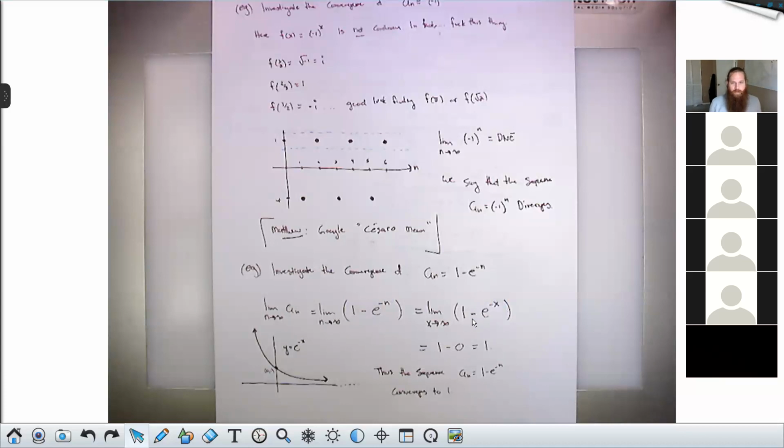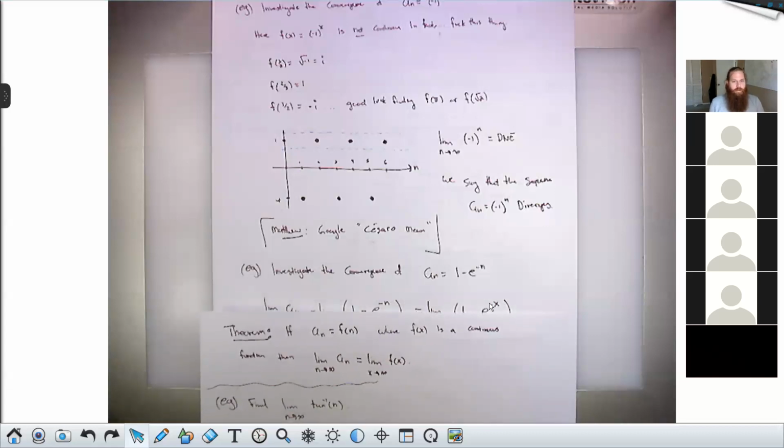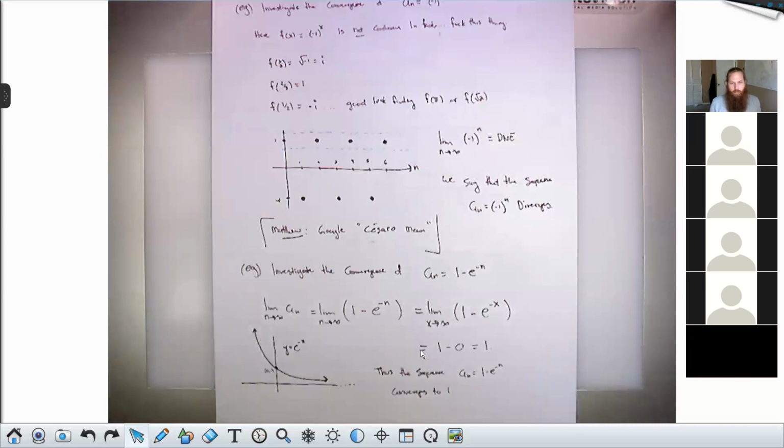And since 1 minus e to the negative x is a continuous function, this theorem gives me permission to do that, to swap the sequence for that continuous function in my limit. Since I then know from my previous classes how to take the limit of this thing, I do so. And according to my theorem, that's the same as the limit of my sequence.